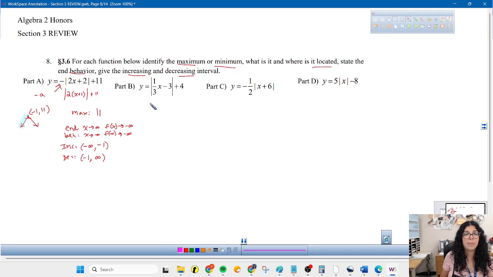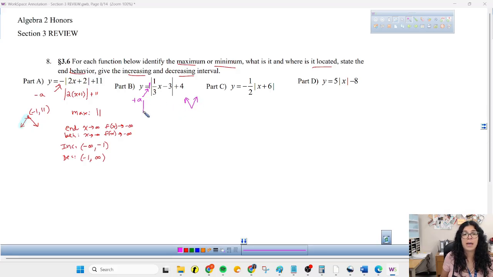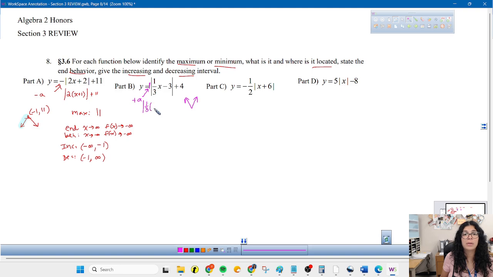Next, part B. Again, we're going to need to make a rough sketch. The A value in front is technically a +1, so it's a positive A value. So this is going to be an upward facing V shape. And our vertex, if I factor out 1/3, divide 1/3, -3 divided by 1/3 will be -9.